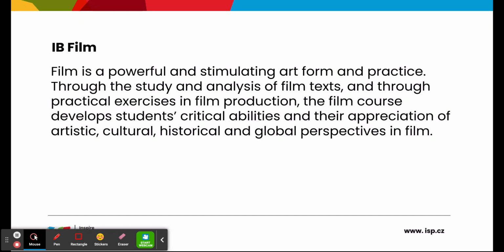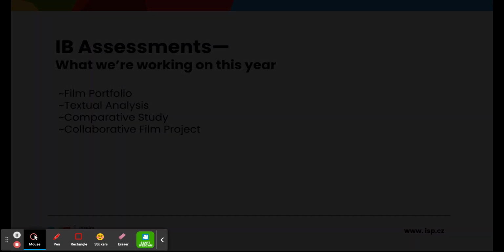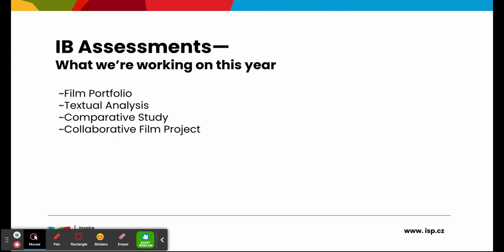This IB Film class, senior year, is still a lot about analysis and about film production. These are the assessments that we'll be working on this year. The textual analysis, the second one there, we are working on as I speak. The film portfolio has been a work in progress since last year and continues this year.